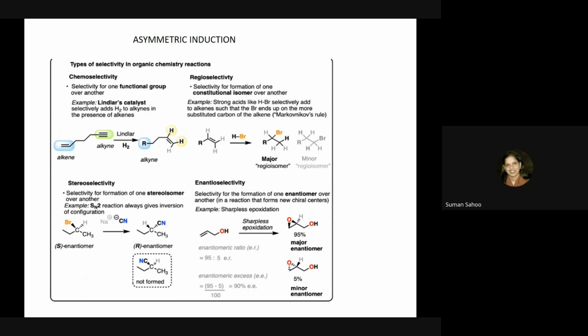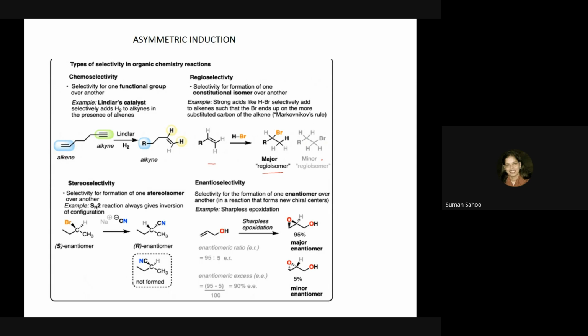And regioselectivity is like to which region the attacking group is going, which carbon. For example, in case of Markovnikov addition, hydrogen goes to the less substituted carbon, giving the major regioisomer, and the minor isomer is where hydrogen is going to the more substituted carbon.